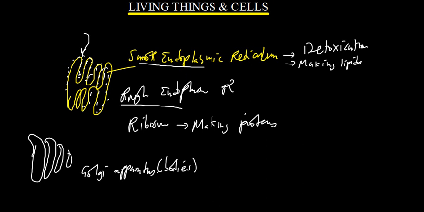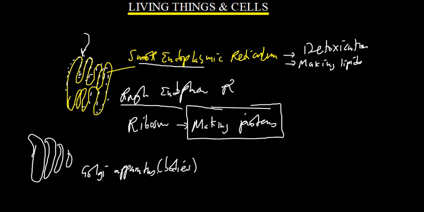Now, Golgi bodies are involved in the processing of proteins. So these proteins which have been made by the rough endoplasmic reticulum, for them to start functioning, they have to be processed. So what will process them is the Golgi apparatus. That is its function, right? Golgi apparatus to process the proteins.